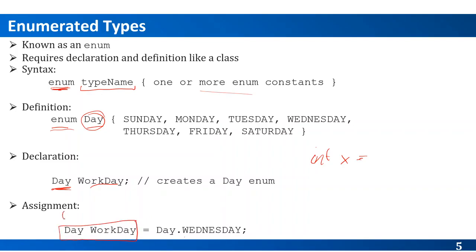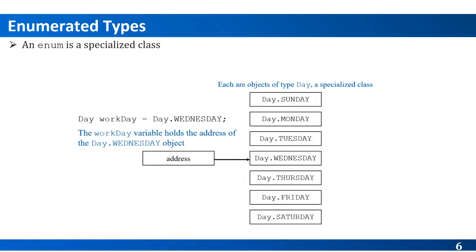You have the type and variable name. And then this second part doesn't look like anything that we have dealt with before. It's not a primitive data type, it's not a class, but it's the name of the type dot the value from this list. All right, so this is how you declare and assign a variable from an enum type that you declared.